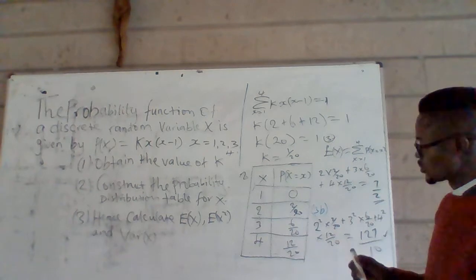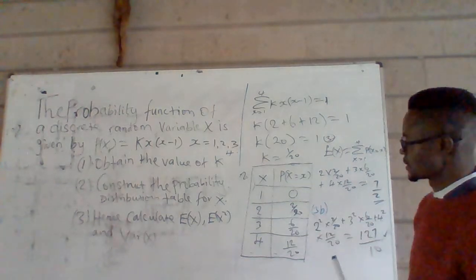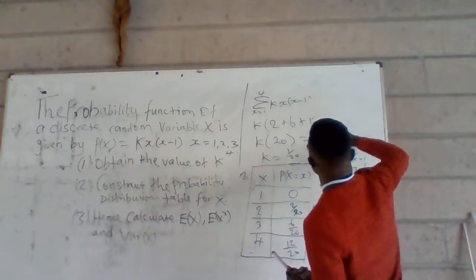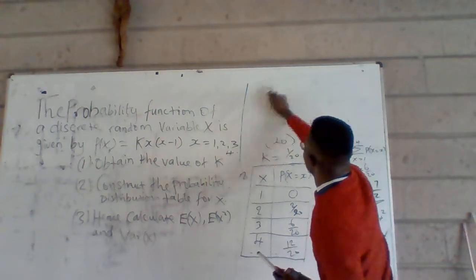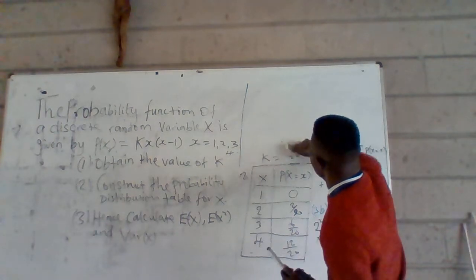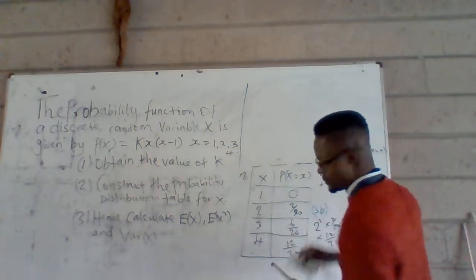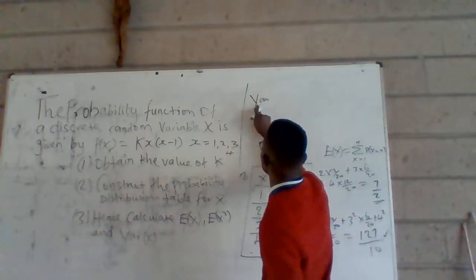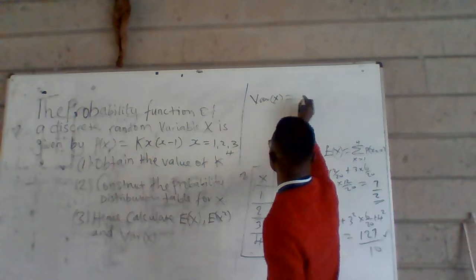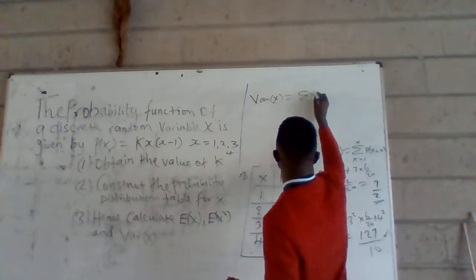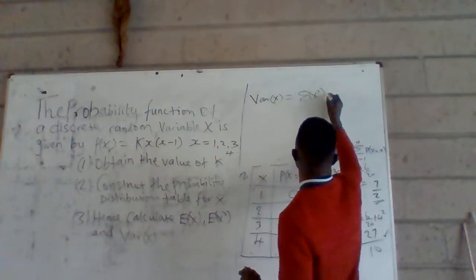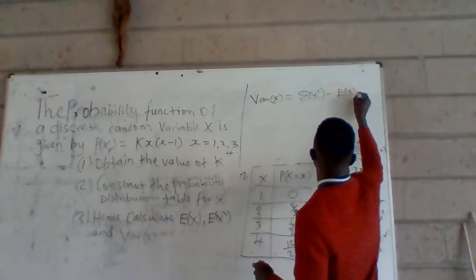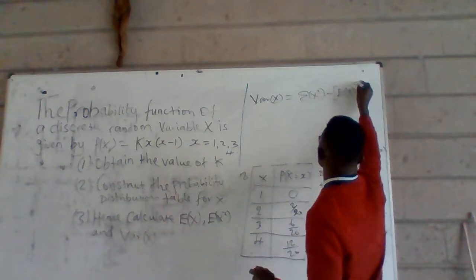And finally, we have to find the variance. Variance of x is simply given by the expectation of x squared minus the expectation of x, but now squared.